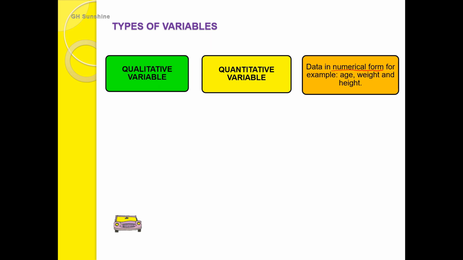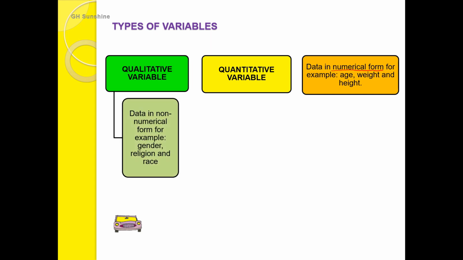For example, age, weight, height, temperature. Meanwhile, qualitative variable is data in non-numerical form. For example, gender, race, education level. So that one is the main difference between qualitative and quantitative variable.